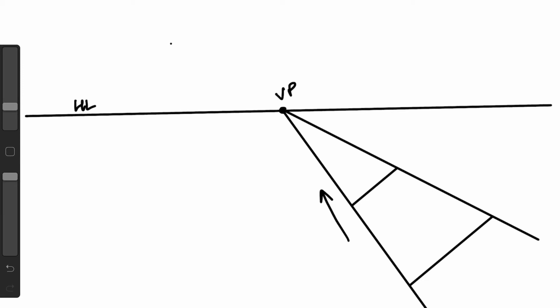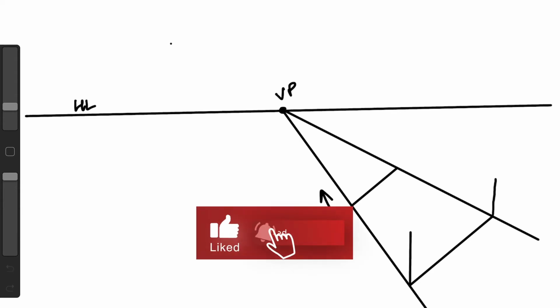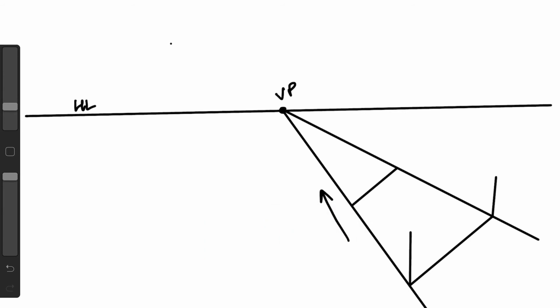So the next step is we have to decide what height we want the object to have. So for that, we will draw a vertical line from here and a vertical line from here. Right. Now, the next step is you need to draw an imaginary line from the vanishing point to these height lines, as we call them.